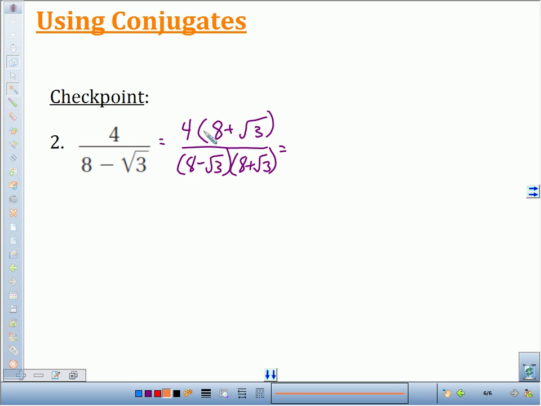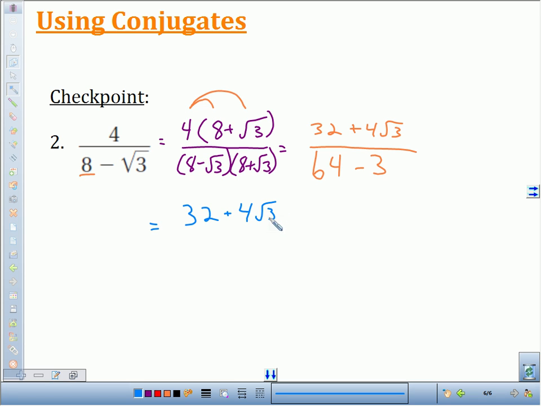Now, of course, I distribute, and I get 32 plus 4 times the square root of 3. On the bottom here, the first number is 8, so I square it, I get 64. The number under the radical is 3, so 64 minus 3. Alright, getting close to the end now. We rewrite this: I have 32 plus 4 times the square root of 3 over 61.